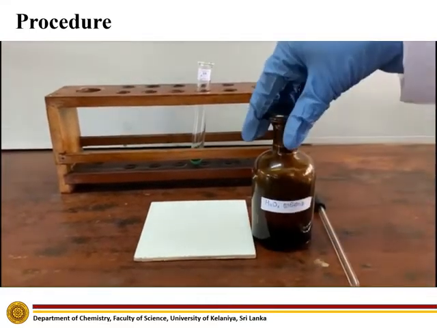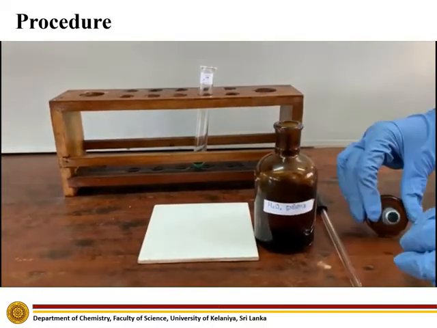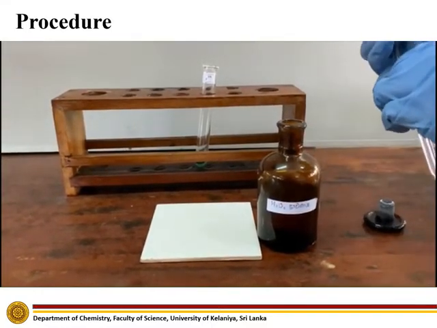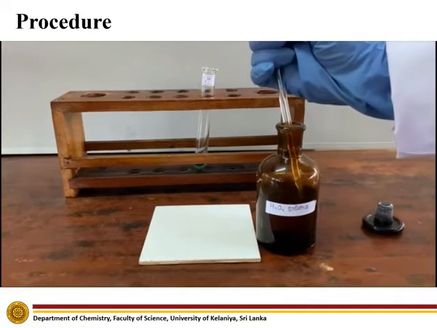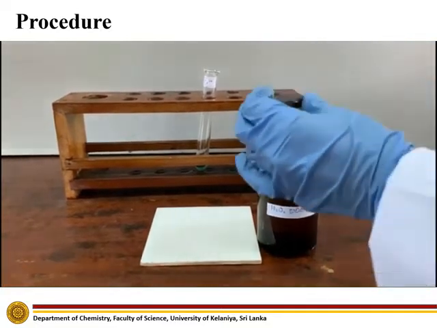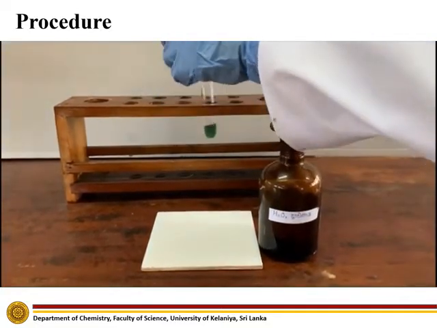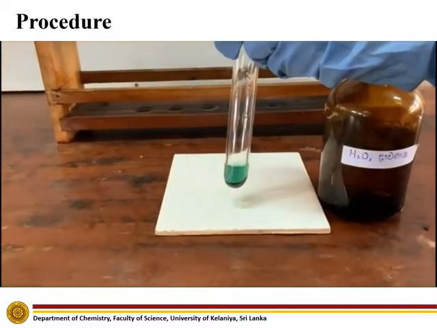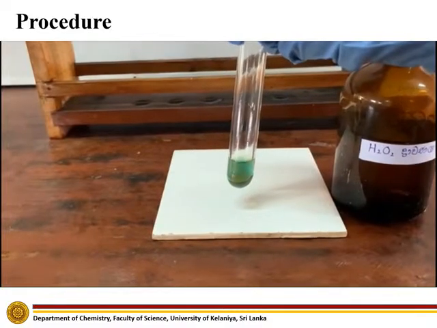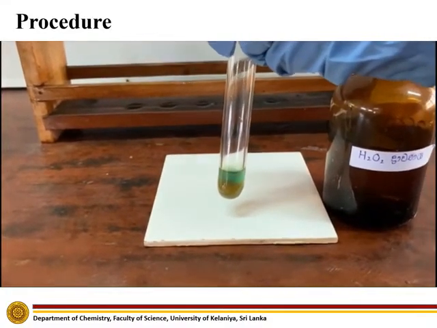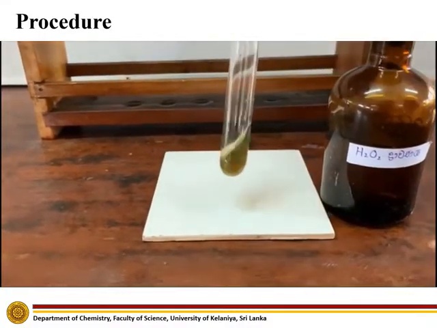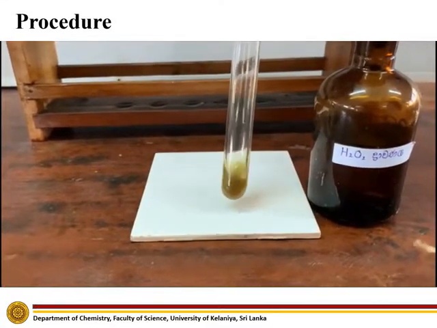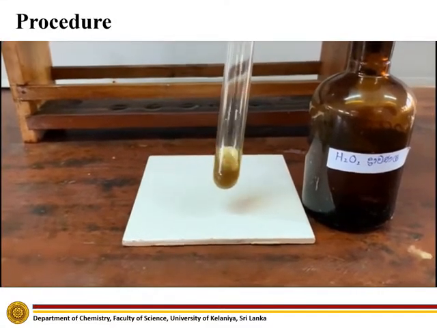Then add hydrogen peroxide dropwise to the above precipitate. The precipitate dissolves and a yellow color solution is observed.